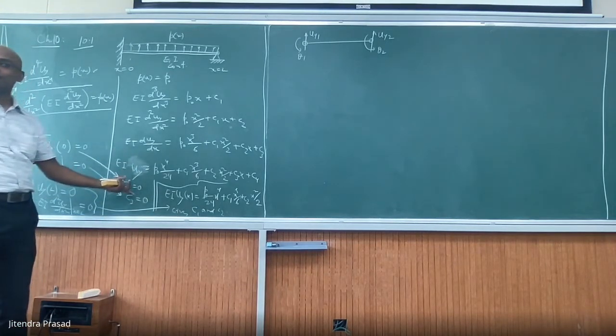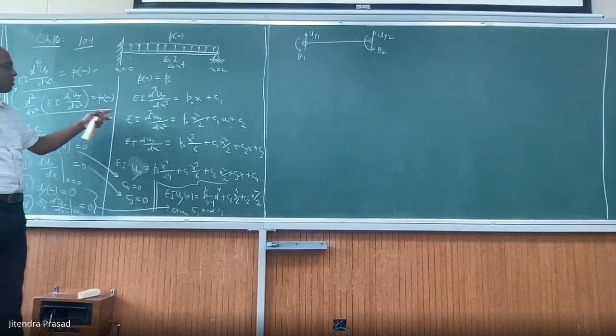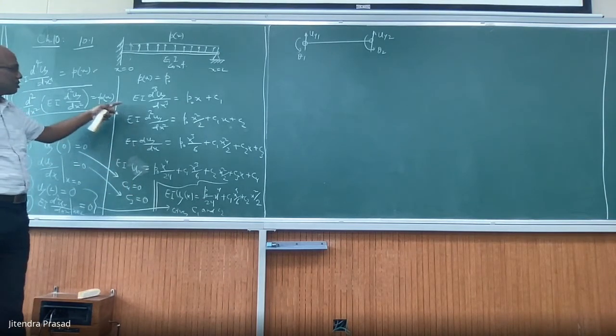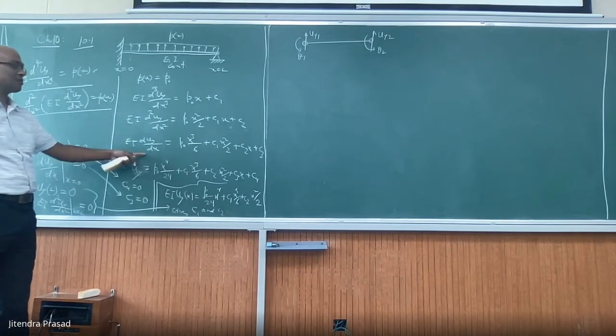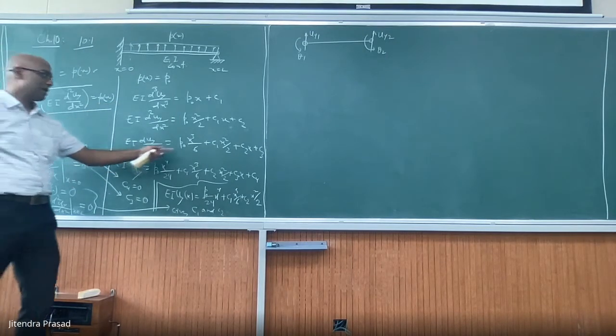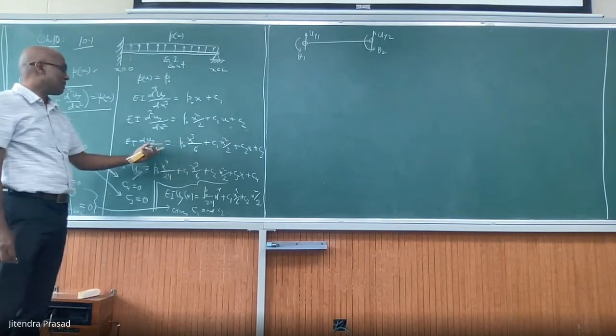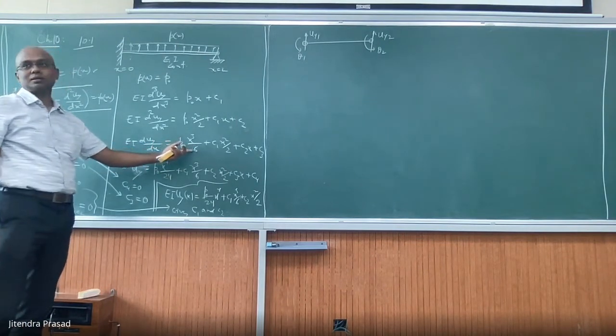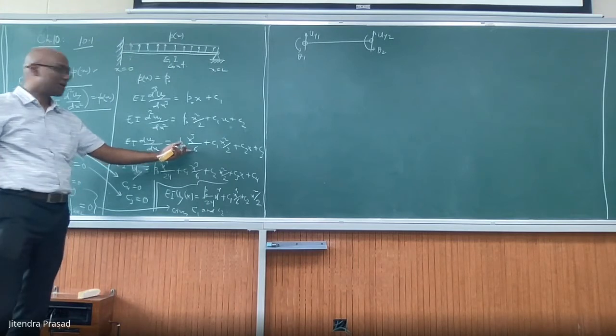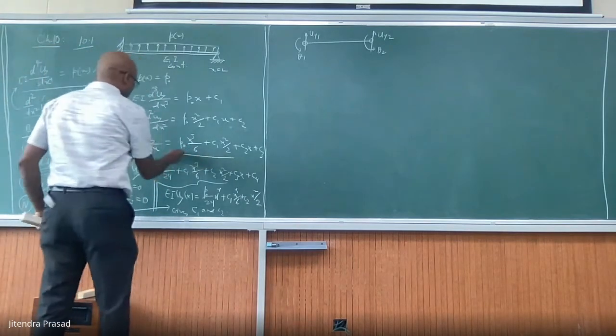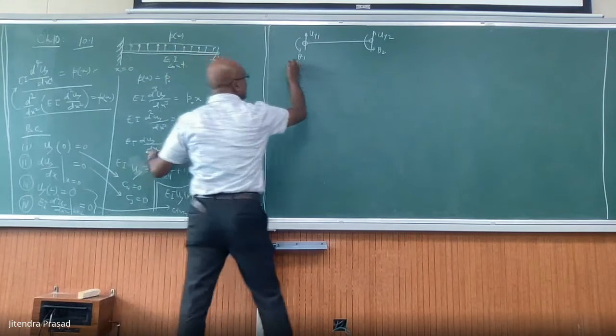So how will you find out the maximum? For the maximum, you will have this equal to 0, and if that is 0, then you can also solve it. You can find it.